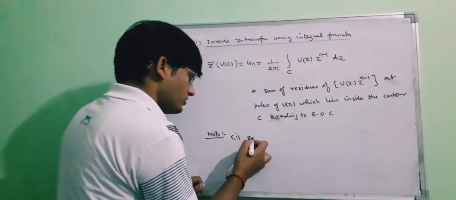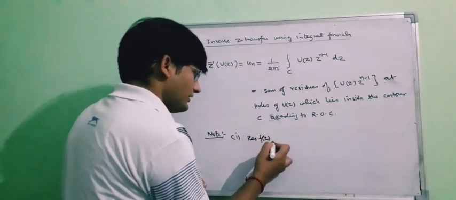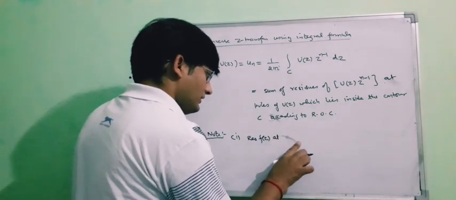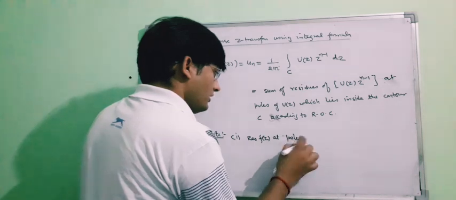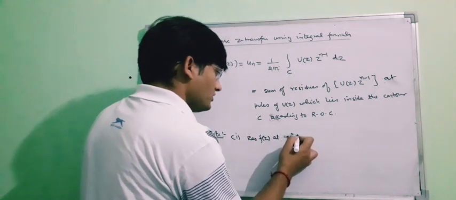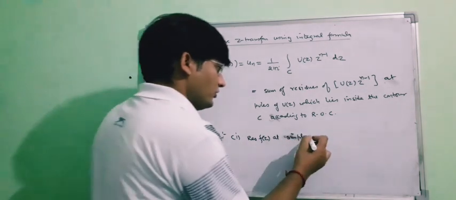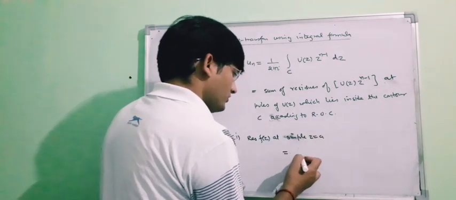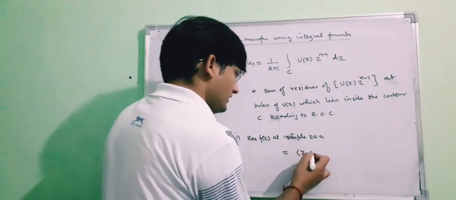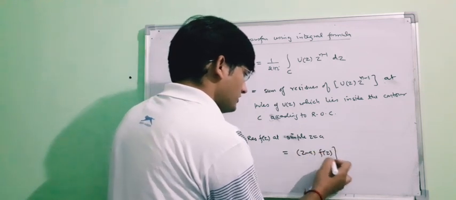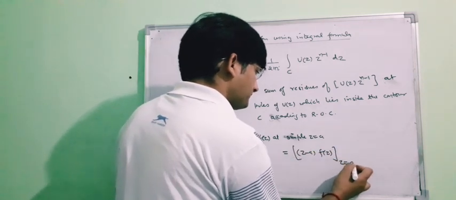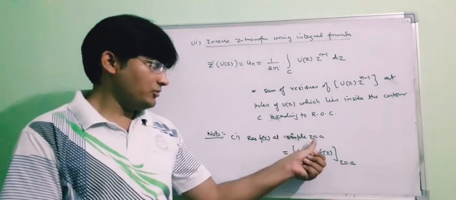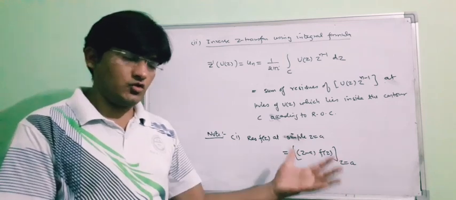We know that the residue of the function f(z) at a simple pole, that means when the pole is of order 1, at z equal to a is equal to the value of z minus a into f(z) at z equal to a. So this is your formula.